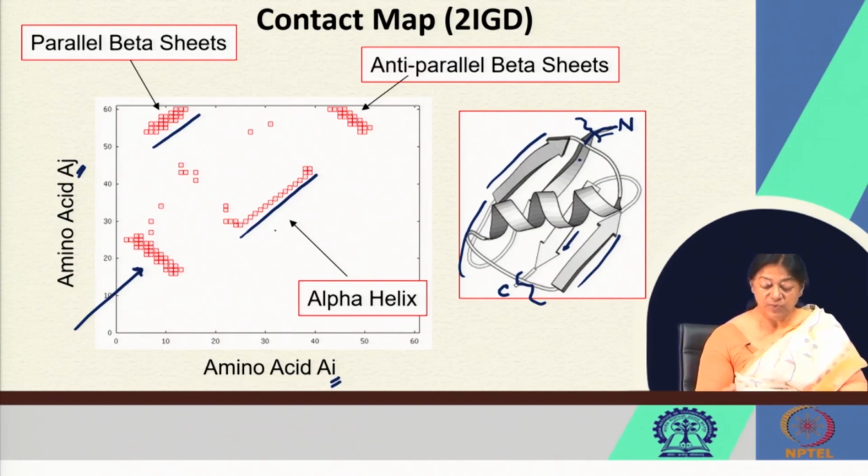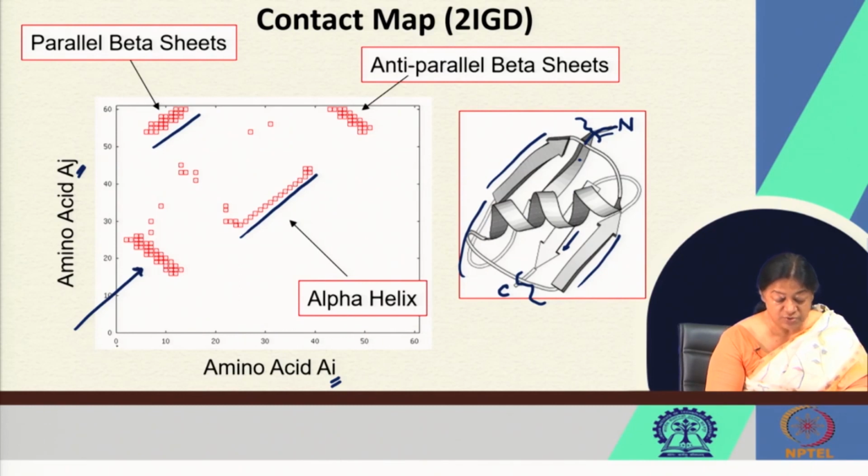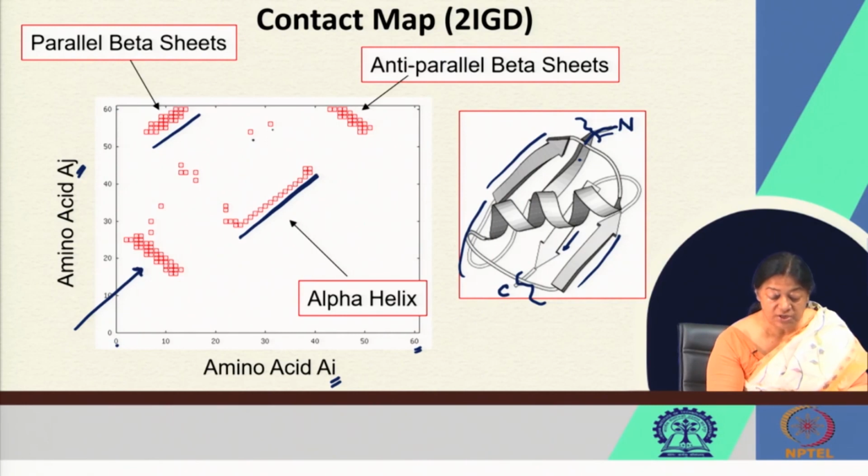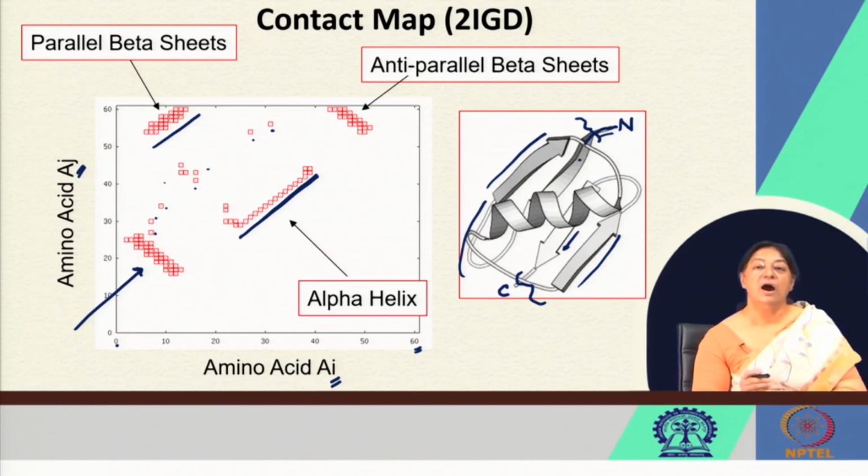So, now say we did not have the structure on the right, from the information present here, going from residue number 1 to residue number 60, we can identify where we have the alpha helix in the protein, where we have the antiparallel beta sheets, and where we have the parallel beta sheets. In addition to that, we have additional information about which parts of the protein are close to each other in three-dimensional space.